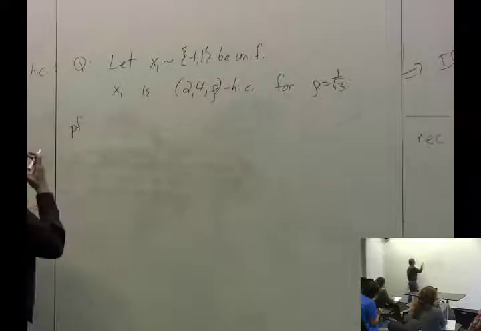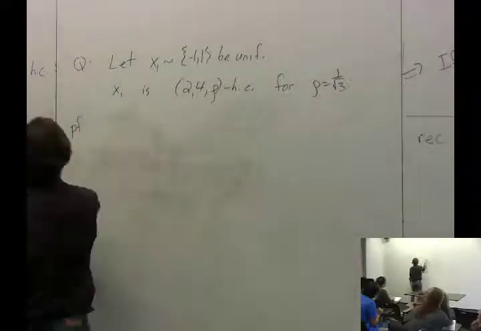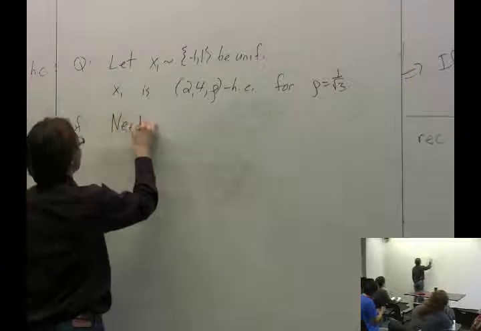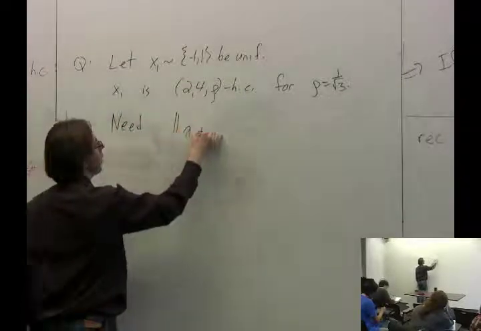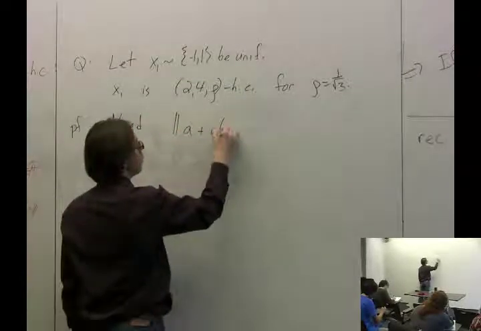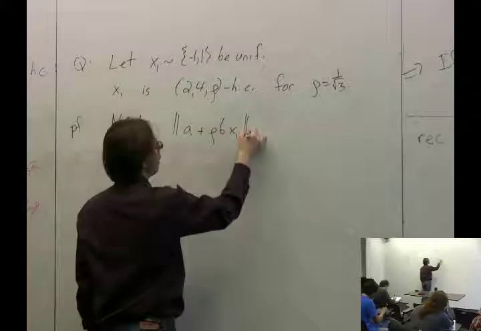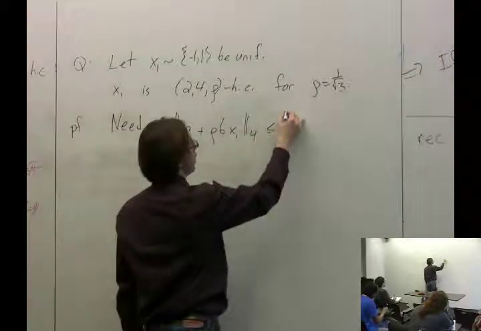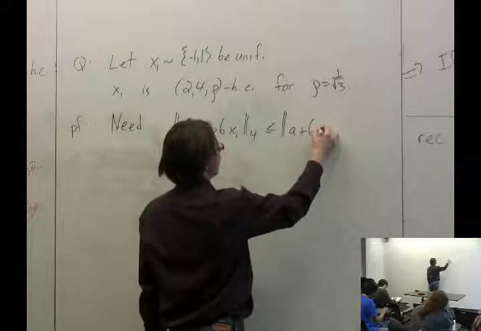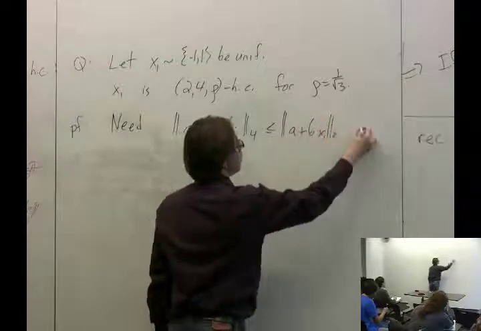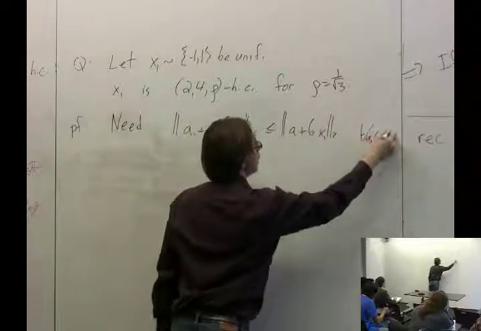One way to look at it is we need to show that the fourth norm of A plus rho B x1 is at most the second norm of A plus B x1, for all A and B real.